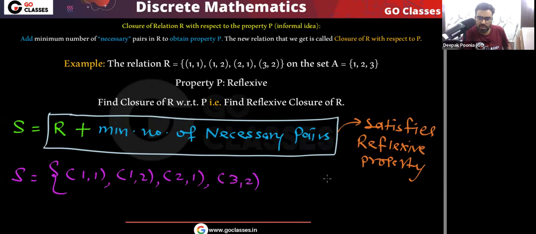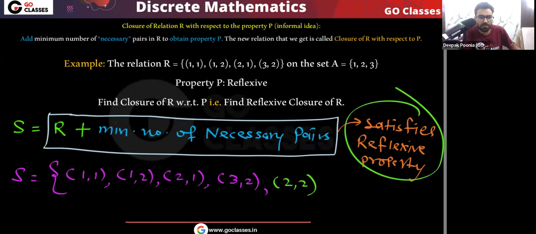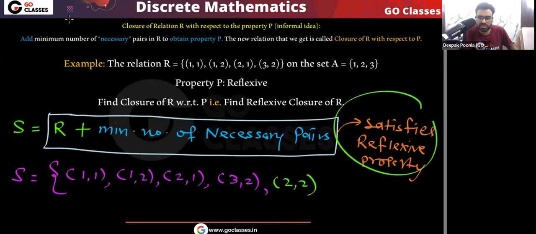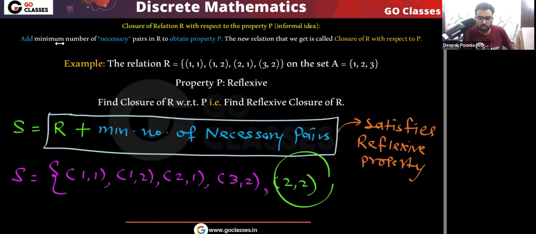Now tell me, do you agree that whatever happens, it's necessary that I must put (2,2)? If I want reflexive property, it's mandatory that I put (2,2). Everyone agrees?